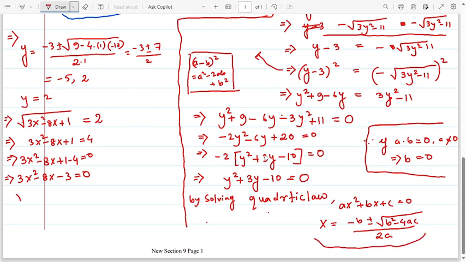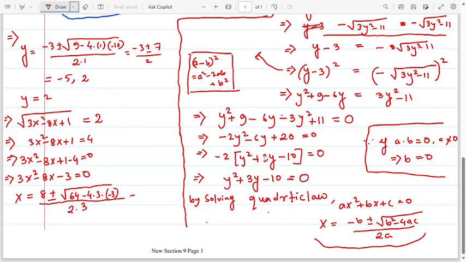So that means x equals, what is minus b? 8. Very good. Plus minus square root of b square. b square means minus 8 whole square, 64, minus 4 into a. What is our a? a is 3. What is c? c is minus 3, by 2a. What is our a? a is 3. 2 times a means 6.